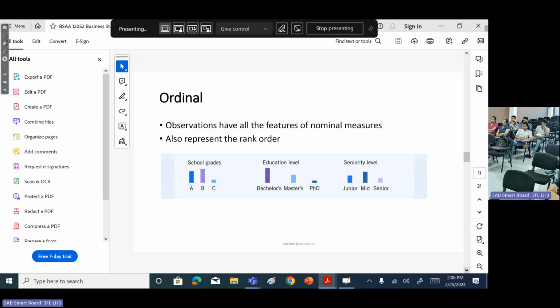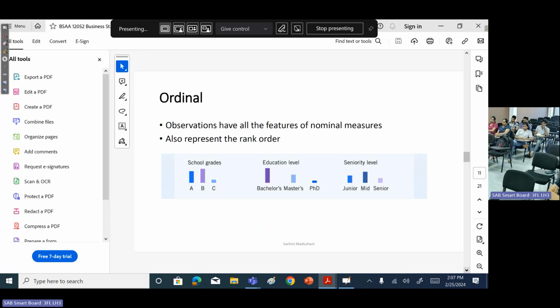Remember the greater than and less than signs? In the nominal level of measurement, we can only use equal and not equal. Ordinal scale variables can use equal and not equal, and greater than or less than.